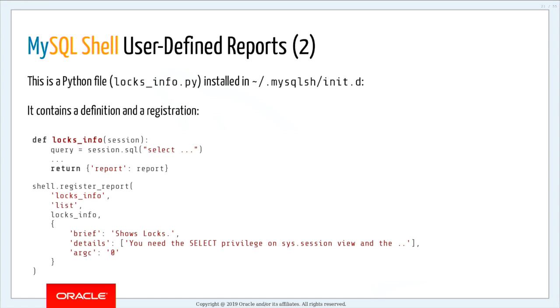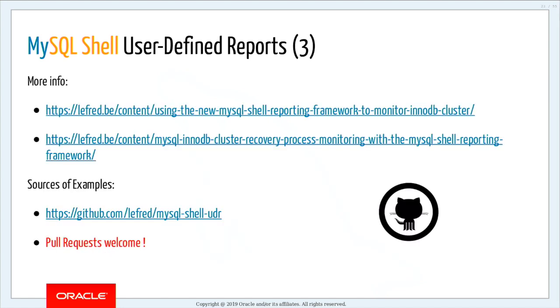And so you are able to automate operation queries that you have to do all the time, and show is nice, but watch is even better because then you can see the result updated every second. If you want more information about these user-defined reports, I have written some blog posts on that, where you can find how to write them and how it works.